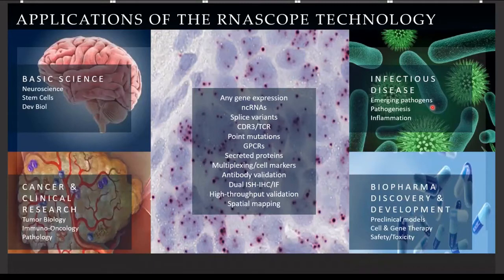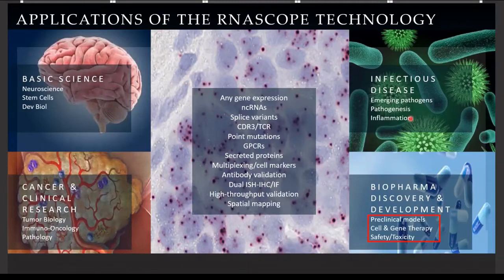And finally, for cancer and clinical research. As I mentioned, today we'll be focusing on the applications of RNAscope assay for the study of preclinical models for cell and gene therapy to assess the biodistribution, safety, and toxicity of these cell and gene therapy drugs.